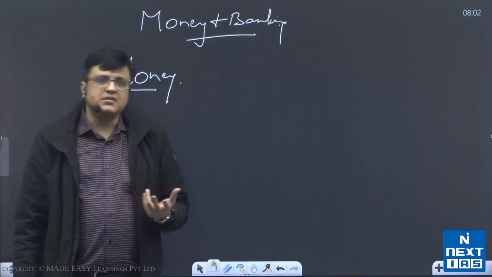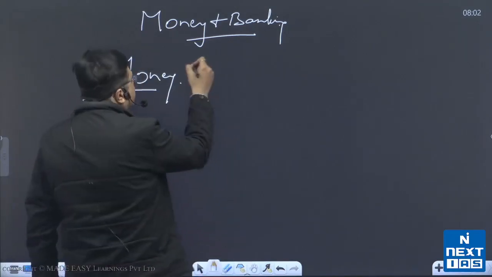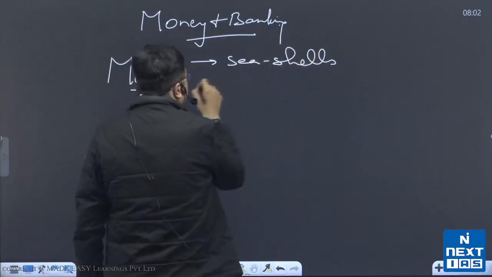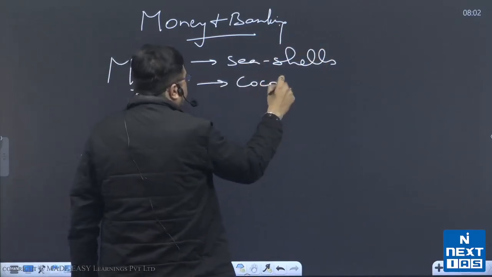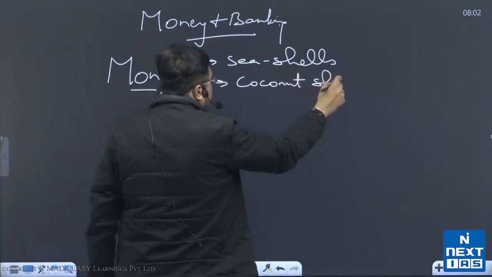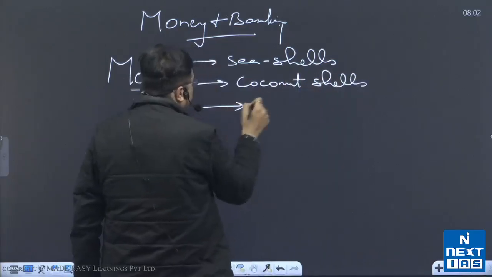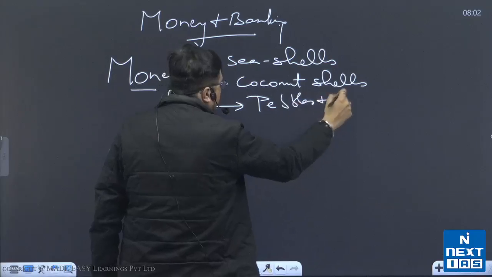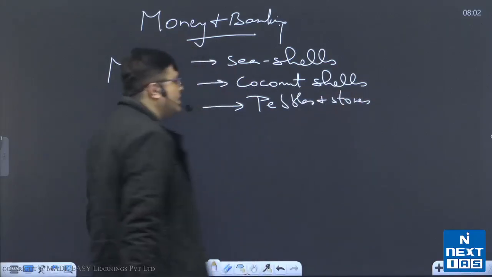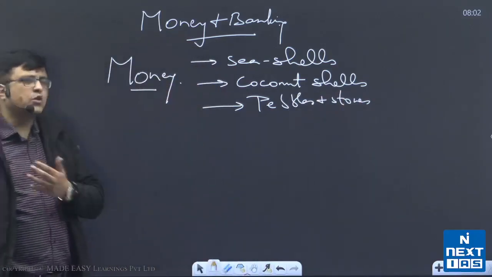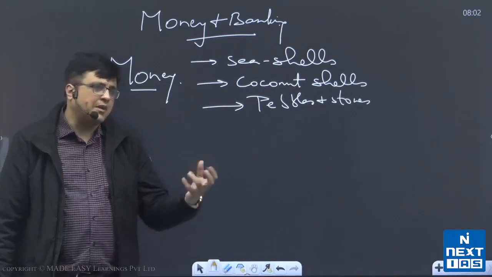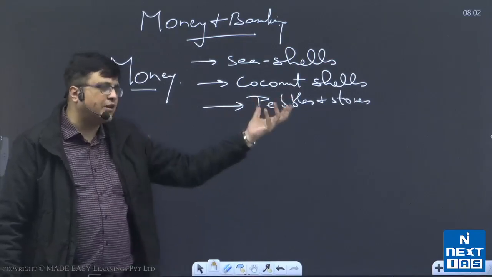But in the initial days, we used to have money in the form of seashells, money in the form of coconut shells, money in the form of pebbles and stones. These were very initial days that these would be used to exchange hands. लोग एक दूसरे से exchange करते थे और सामान के बदले ये चीजें दे देते थे, इनकी कुछ value लगा देते थे.